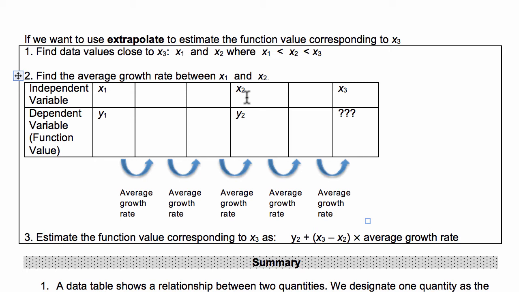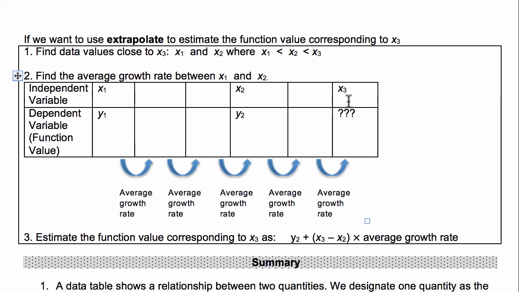And we are assuming both x sub 1 and x sub 2 are less than x sub 3. Step 2. Find the average growth rate between x sub 1 and x sub 2. Remember, to do this, we will find the change in the function value, or the dependent variable, and divide that by the change in the independent variable.